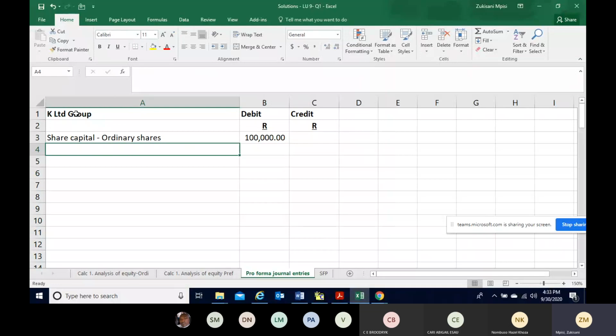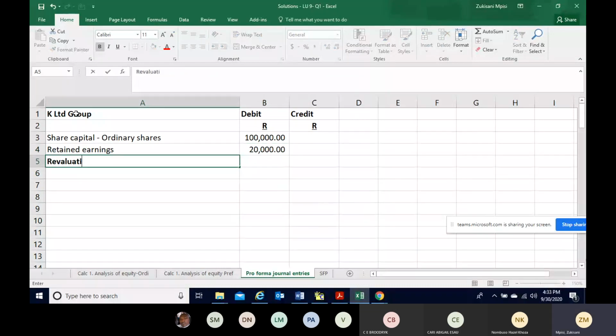Then we have retained earnings, which was 20,000. Then we've got the revaluation surplus, which is 20,000.